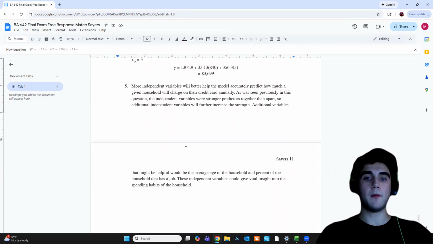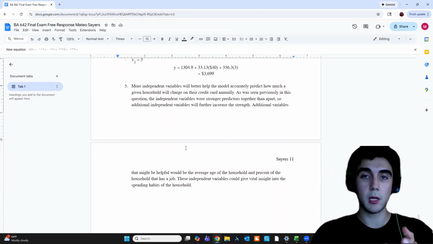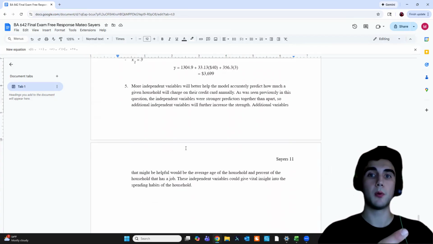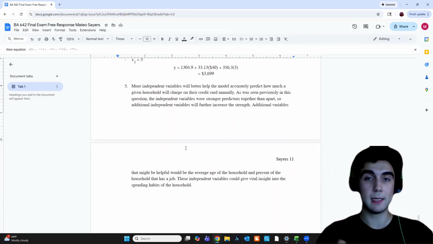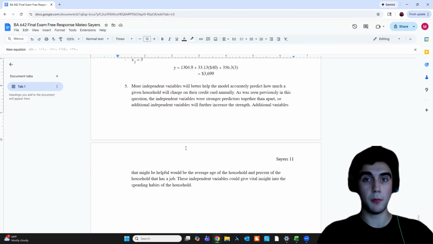And I believe more independent variables will better help the model accurately predict how much a household is going to charge annually on their credit card. I believe two important independent variables that can be added to this are age and the percent of the household that actually has a job, because that influences how much income is coming in.